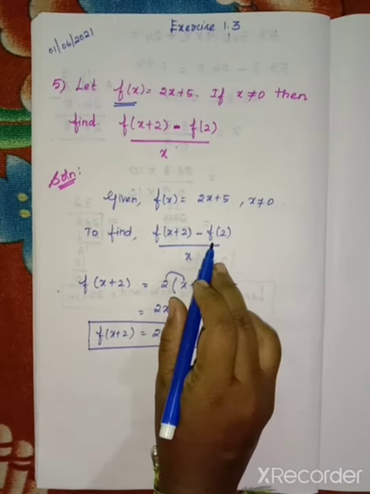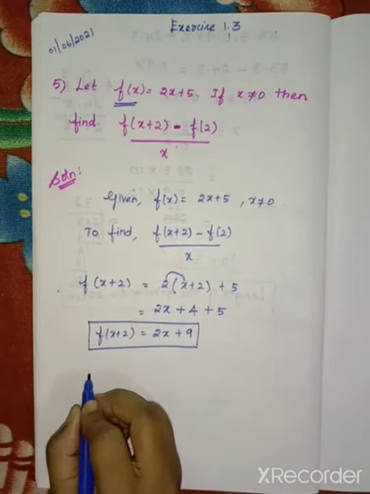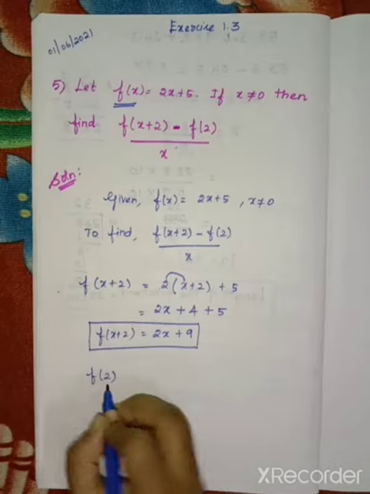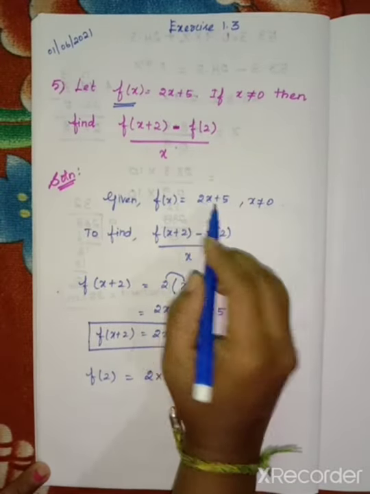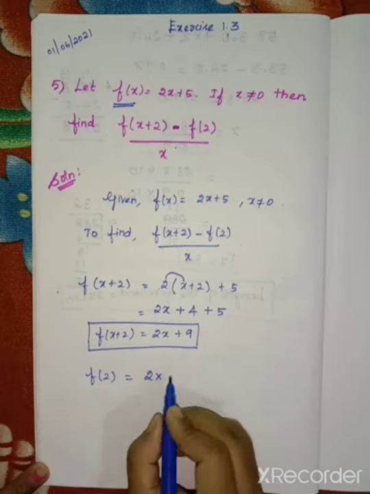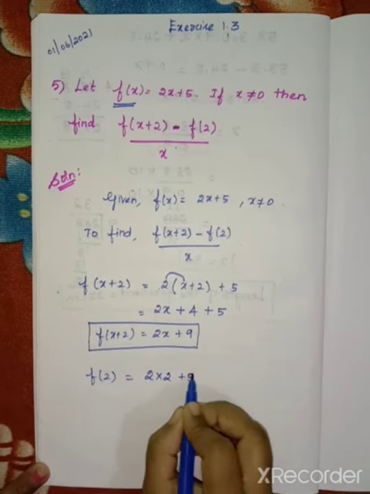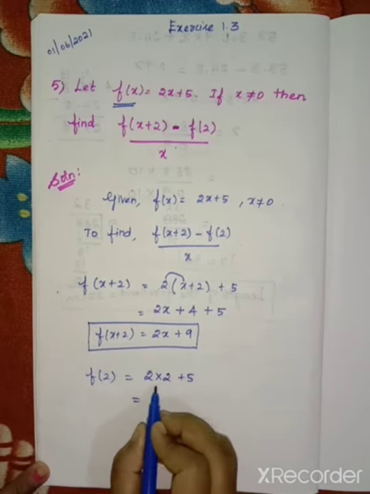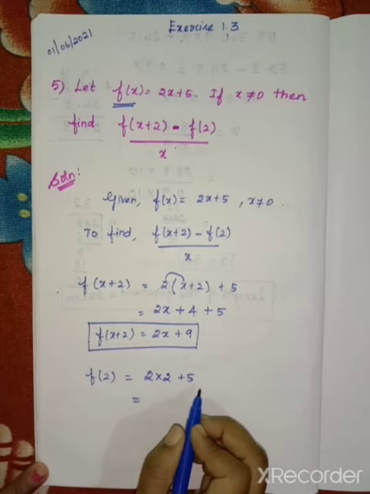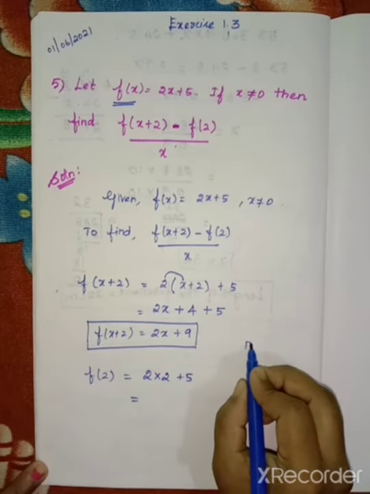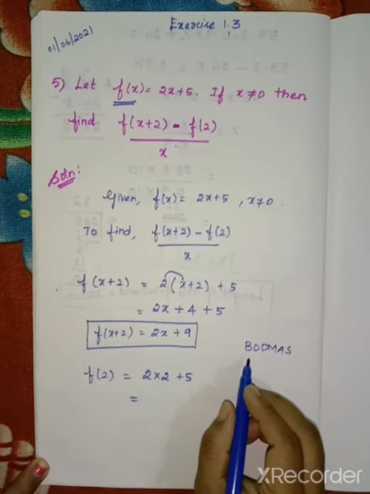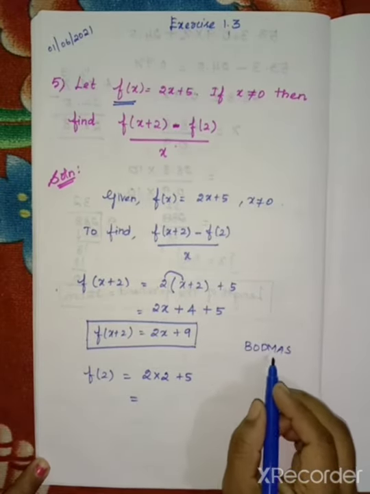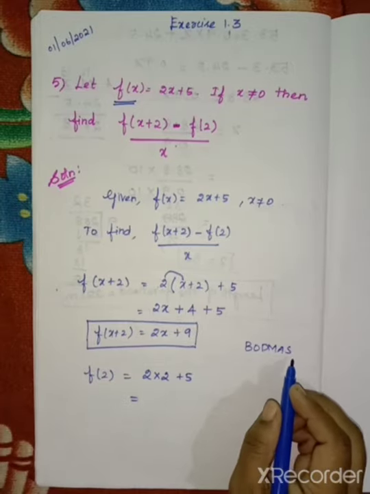Likewise, we want to find f of 2. So f of 2 equals 2 into, in place of x, substitute 2, plus 5. First you have to multiply, then add, because we know the BODMAS rule: bracket, of, division, multiplication, addition, subtraction.